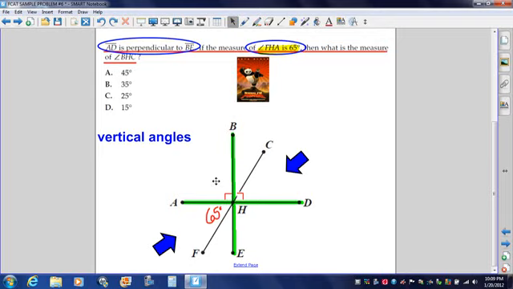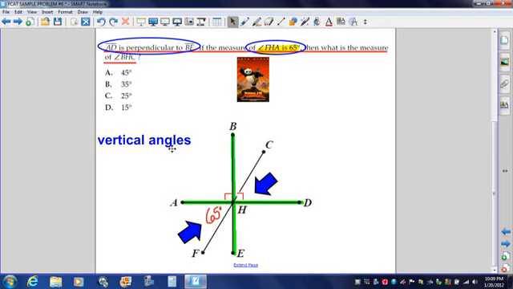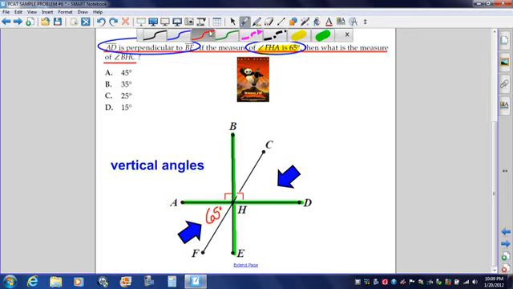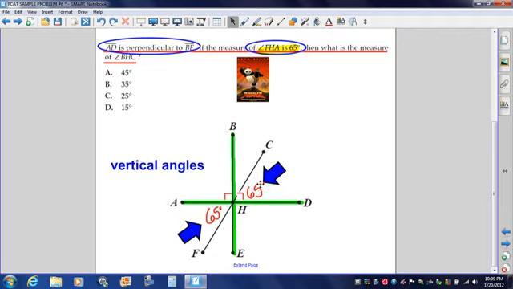The next thing I'm going to observe, these are nice vertical angles. Vertical angles are across from each other. So I know that this one has to be 65 degrees. Why? Vertical angles are across from each other, and more importantly, they are congruent.